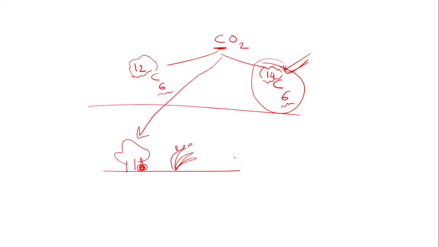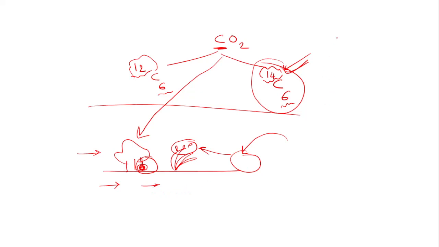Now an animal comes and eats these grains or this fruit, or a person comes and eats these grains or this food, or the person hunts the animal which already ate this food and eats the meat of that animal. Please try to understand what is happening in this process. First, plants have absorbed radioactive carbon dioxide. Now, because of eating plant-based food, animals as well as humans have absorbed radioactive carbon into them.